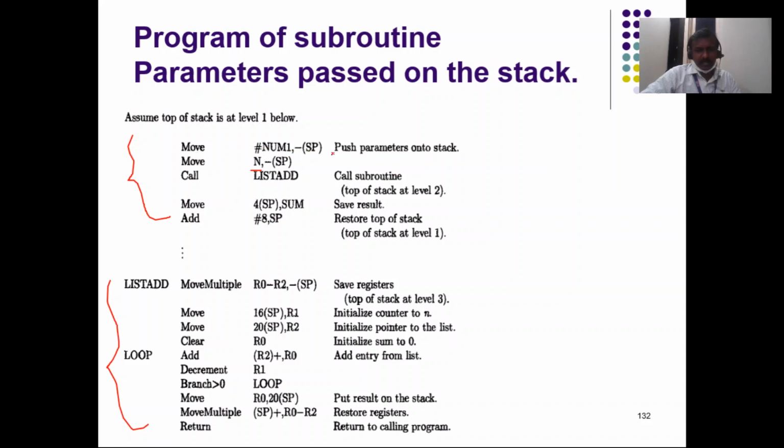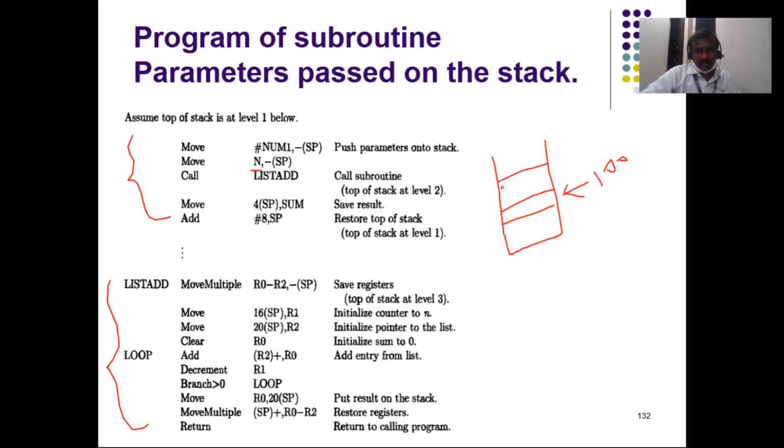Let us assume SP is 100, the current stack pointer is 100. Currently the stack pointer is pointing to the 100th location. So we say move num1 comma minus SP. Let us assume num1 refers to the address 1000.